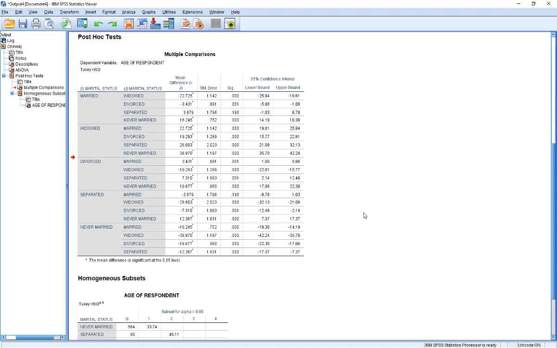Now, if I was only interested in a couple of the groups, maybe the married versus the never married, or the widowed versus the divorced, or whatever it is I'm interested in, then I could have just used a t-test. I wouldn't have needed to use the ANOVA. But assuming that I've got 3 or more groups, all of which I want to compare, this is a smart way for me to handle it.